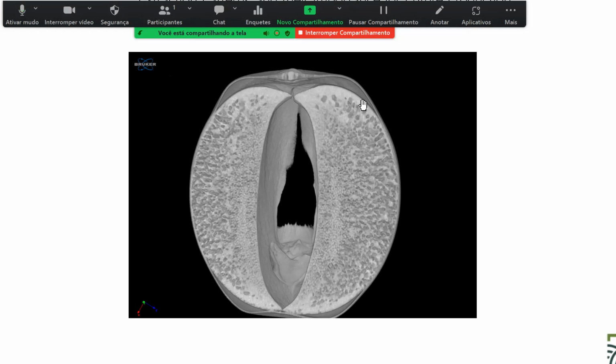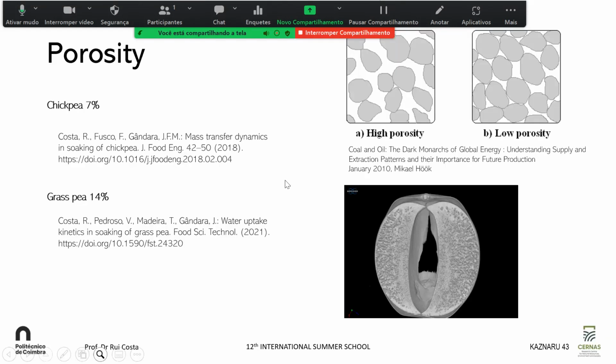So water will enter these empty spaces here and also these ones. And usually we measure these empty spaces. We call it porosity.